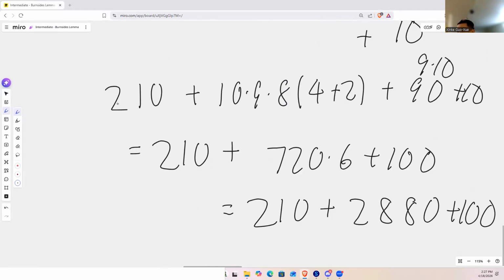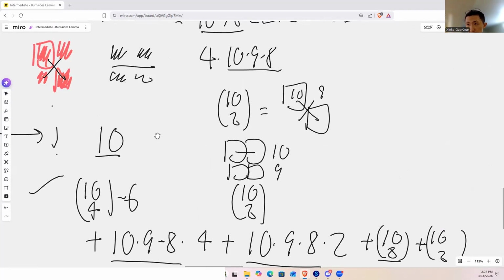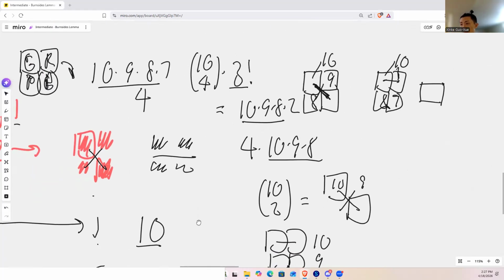Okay, so we got 2530 earlier. What did I do? Oh, okay. So we have to account for rotational symmetry. When we have 2, 1, 1 and these two are the same, for instance, we only have to pick which two are the same, and then it's just 10 times 9 times 8.